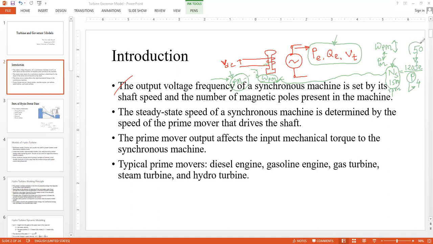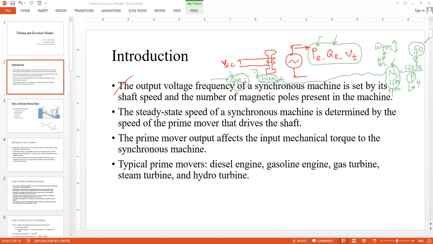So this quantity is going to be affected, if it is a machine running in an individual manner. And at the same time, because these will be varied, the real power would be affected.